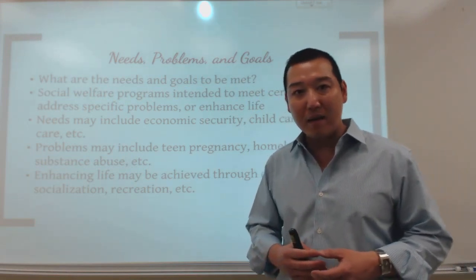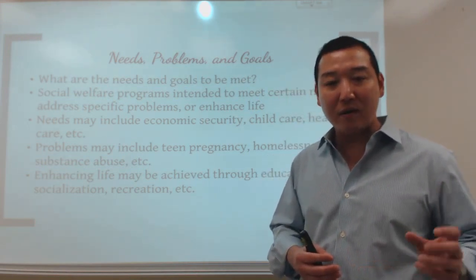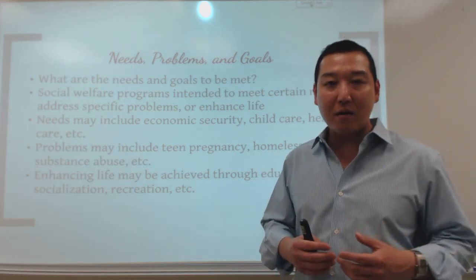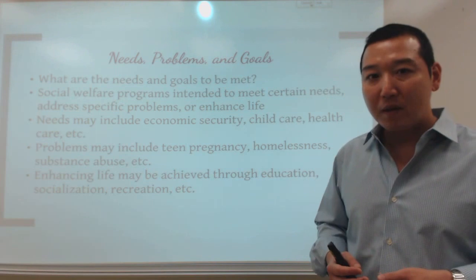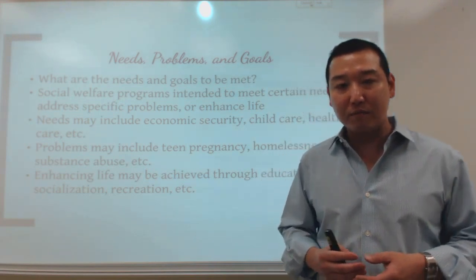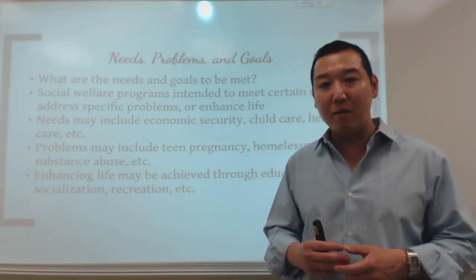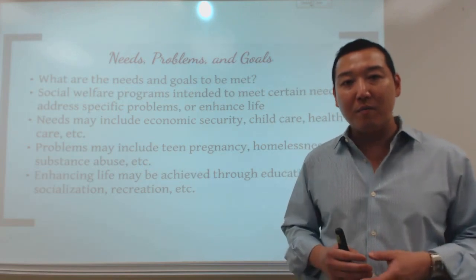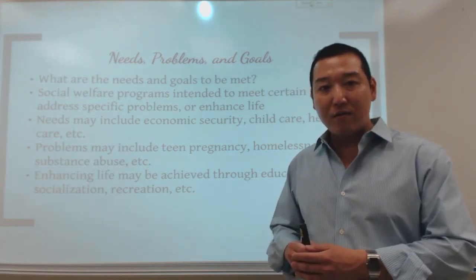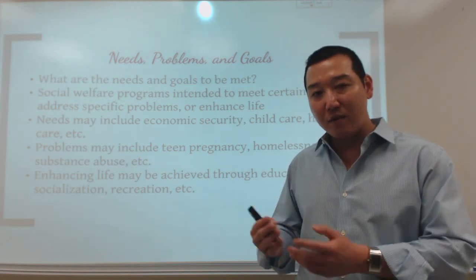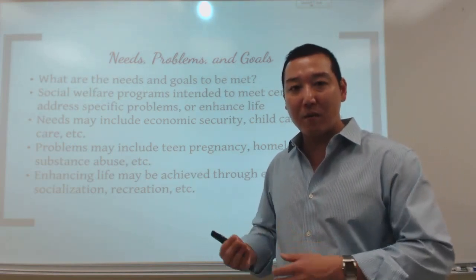And so it may not be around a particular societal need or problem, but it may be around very specific objectives or goals to be achieved by the program. And so there might be a more narrow objective. There might be a narrow objective around economic security. There might be a very narrow objective around providing childcare. You can frame that discussion in a different way.